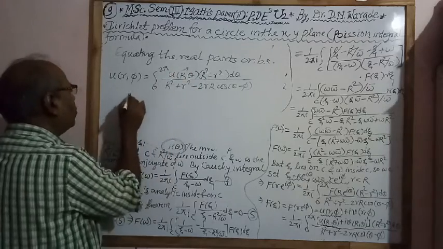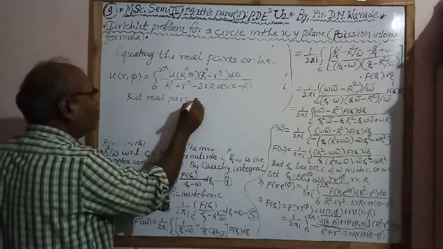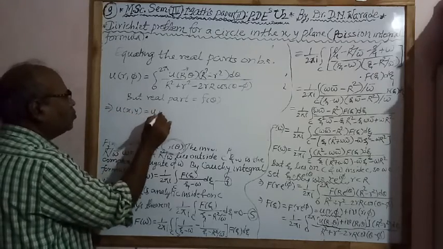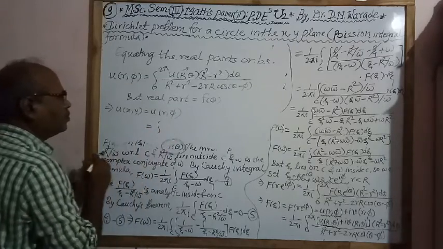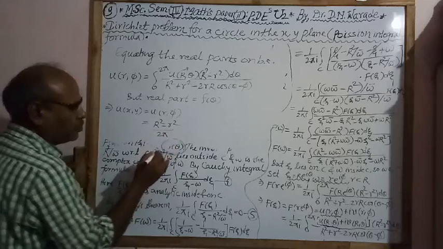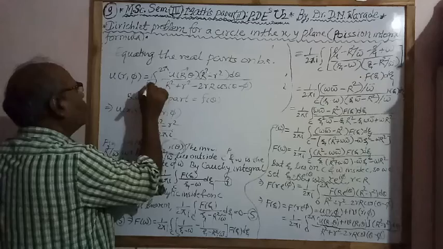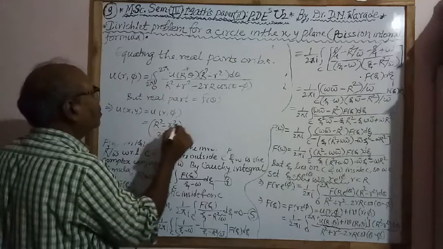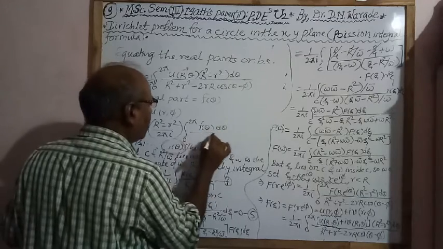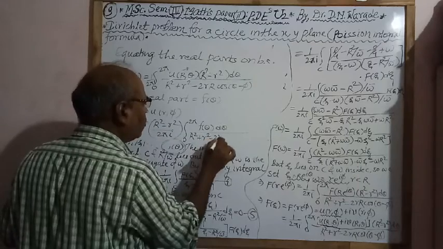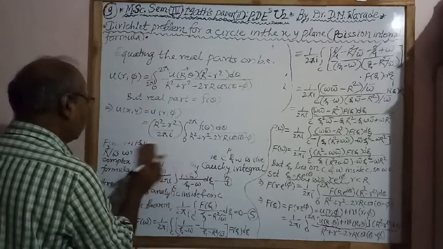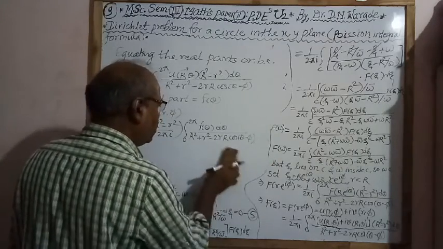Therefore, we put the real part as f of theta, which implies u of xy equal to u of r phi equal to, we take this R square minus r square divided by twice pi, here 1 upon twice pi into integration 0 to twice pi f of theta d theta divided by r square plus r square minus twice r cos of theta minus phi, which is called the Poisson integral formula, which is the required solution of the Dirichlet problem.